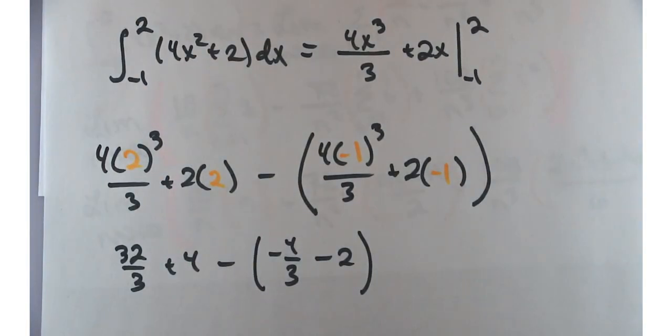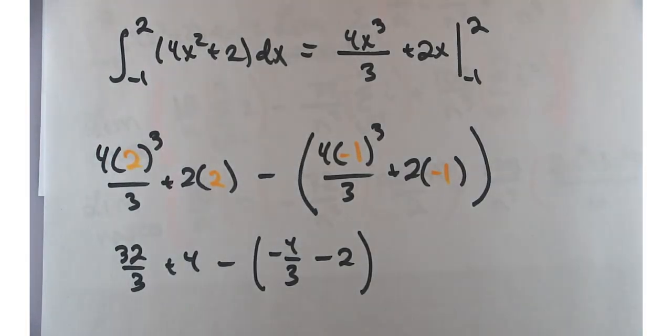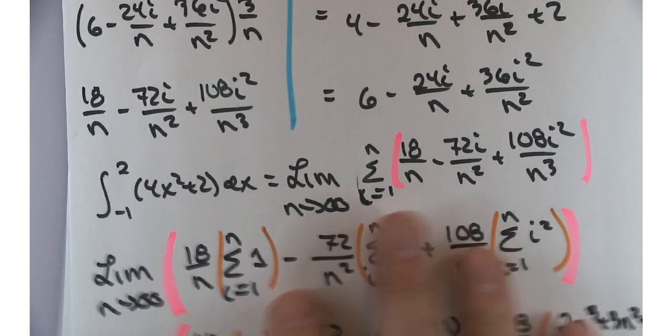Yes? Is this only for linear functions? No, this is true for anything we can find the antiderivative of. Yes, sir? So, isn't this just dealing with definite integrals, or what's the difference? Well, this is a definite integral. The difference is that you don't have to do it this way anymore.